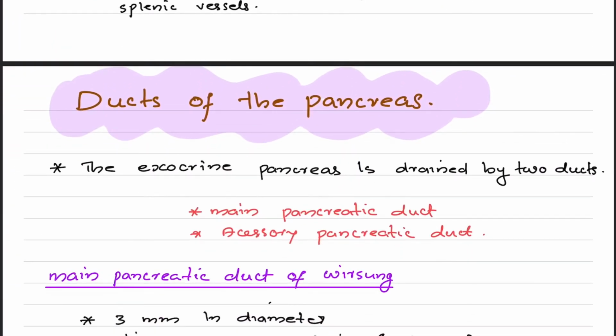Next we'll discuss the duct of the pancreas. So what is a duct? The pancreas is an exocrine as well as an endocrine gland. So the exocrine part of the pancreas, its secretion, the pancreatic juice, is delivered to its site by this duct. What are the ducts? The main pancreatic duct and the accessory pancreatic duct.